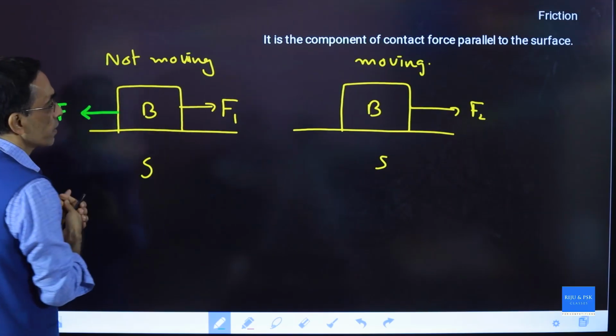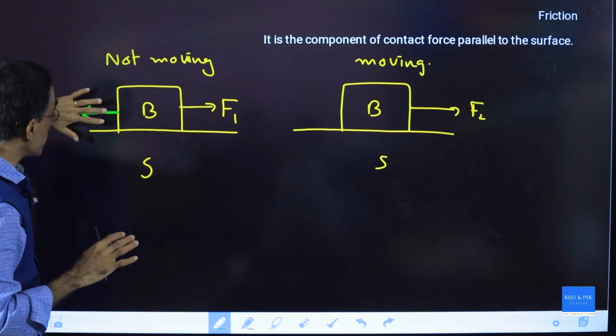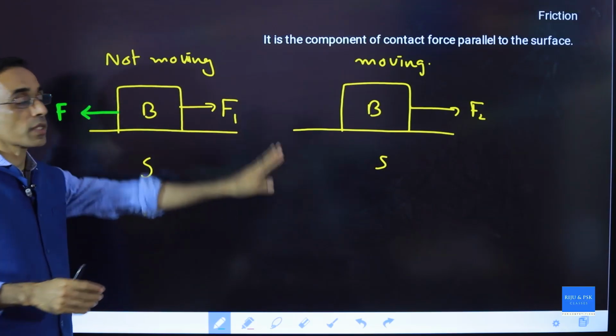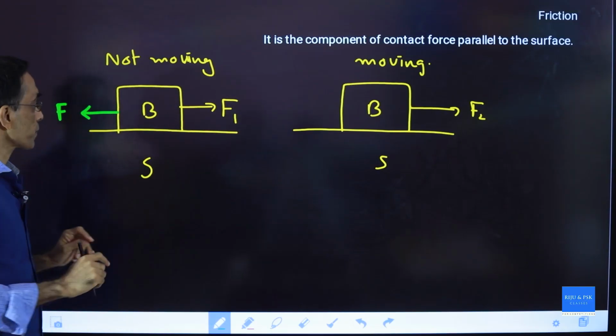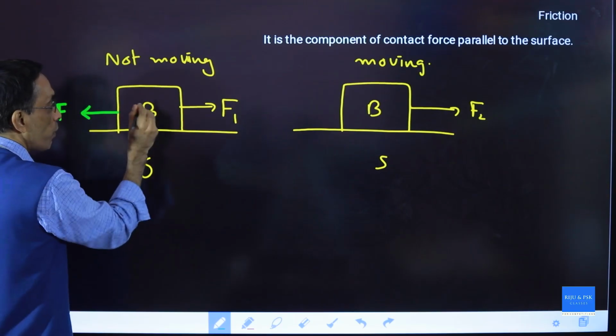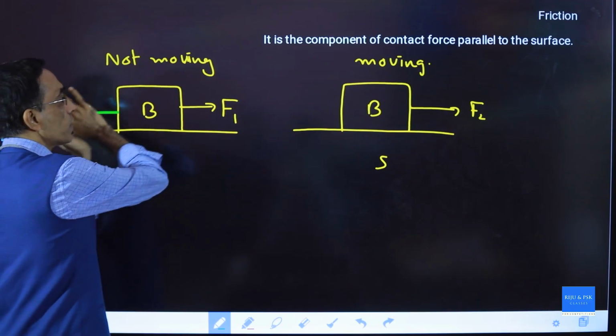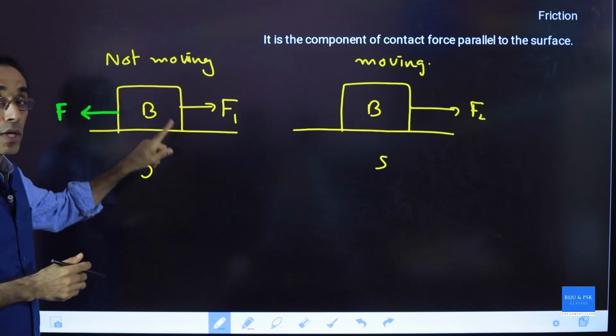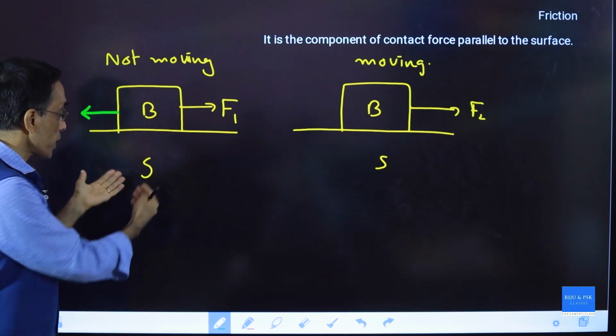Suppose this force were absent, the body B would have gone to the right side with respect to the surface.